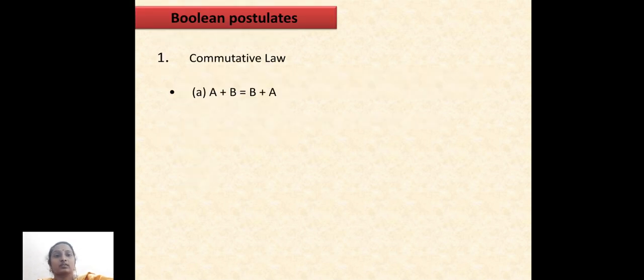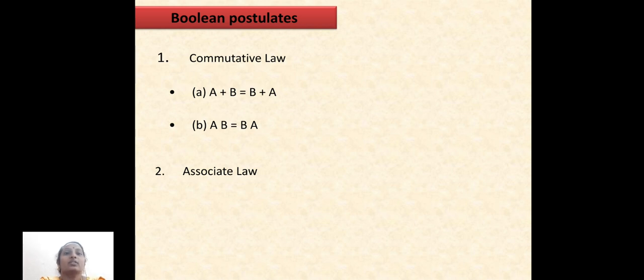How many Boolean operators are there? 3: AND, OR, NOT.